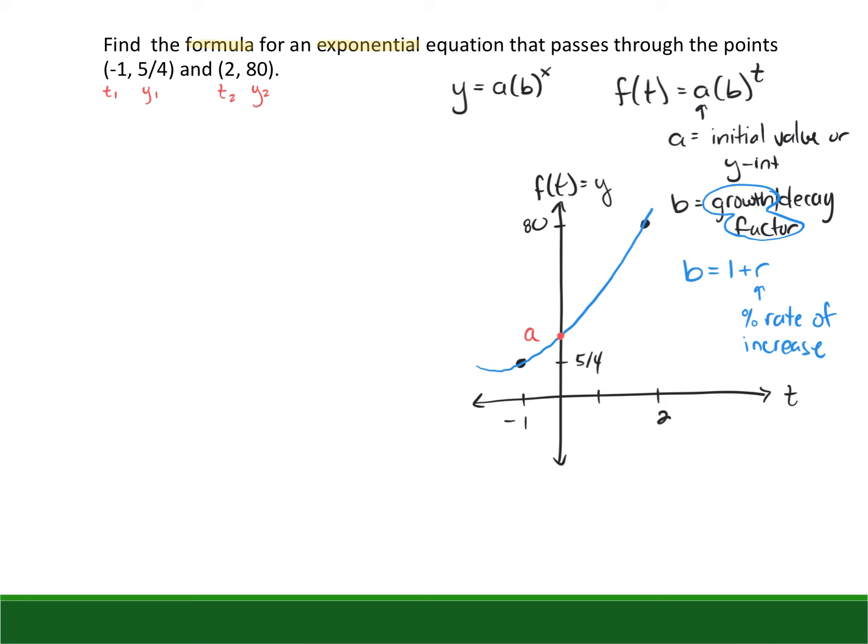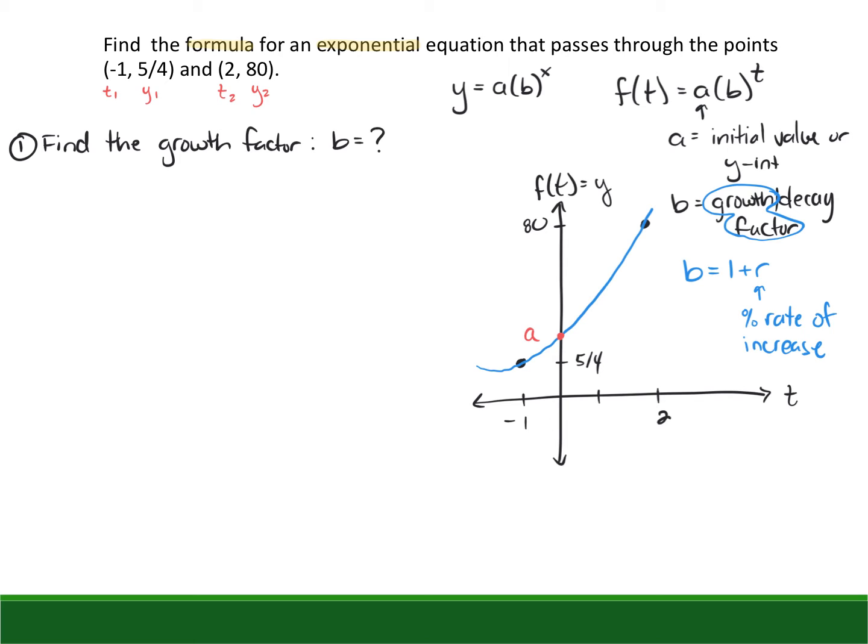So the first step into writing this formula, there are 2 steps. The first one is to find the growth factor. And again, I'm saying growth factor here because we know the function is increasing, but basically you're solving for b. And then once you have the growth factor, then we'll find a, which is the initial value.